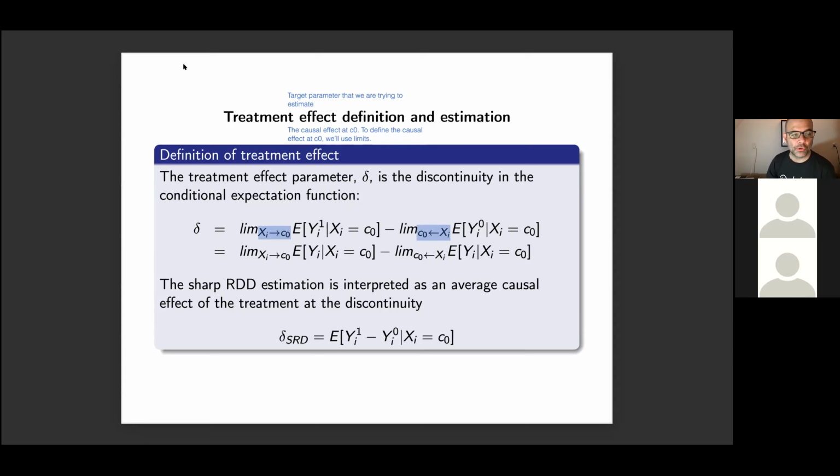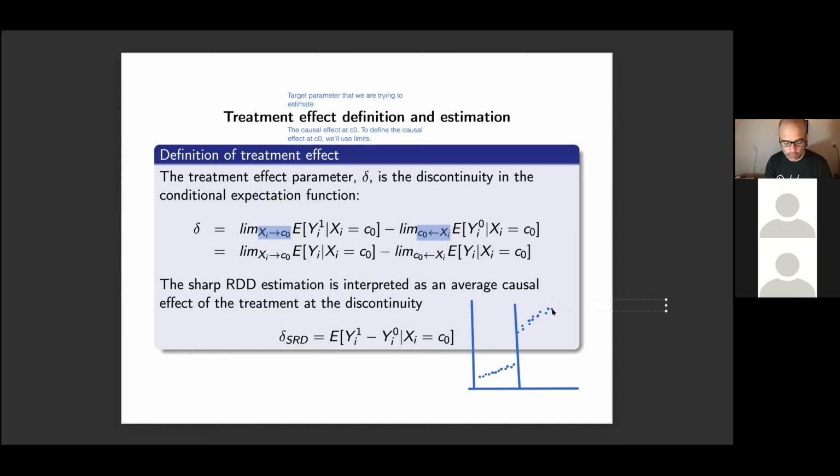Let me draw that for you. These are all observed values here.